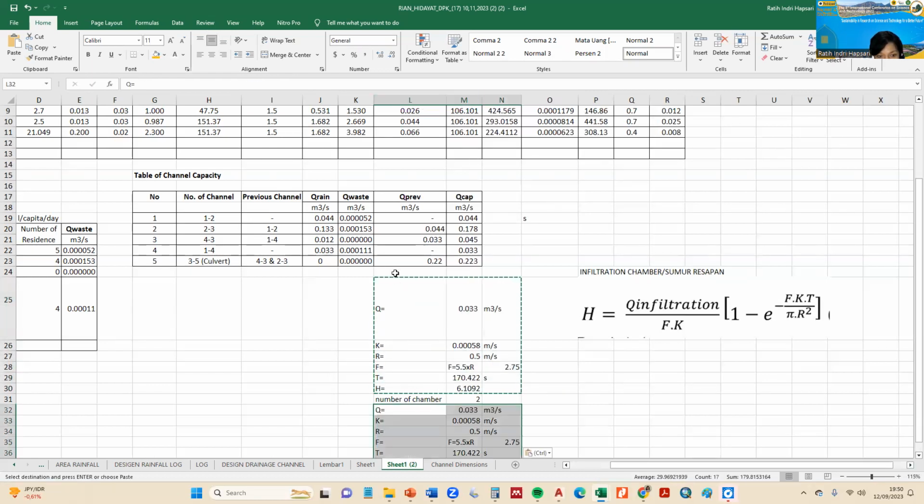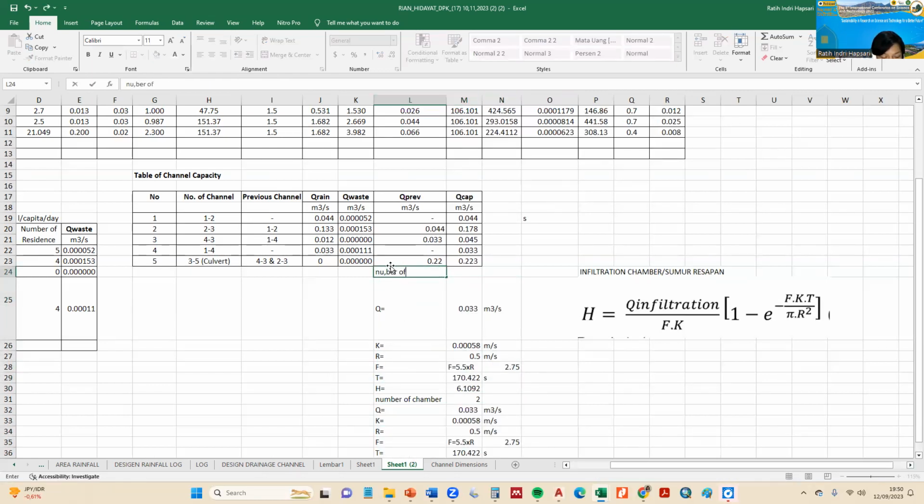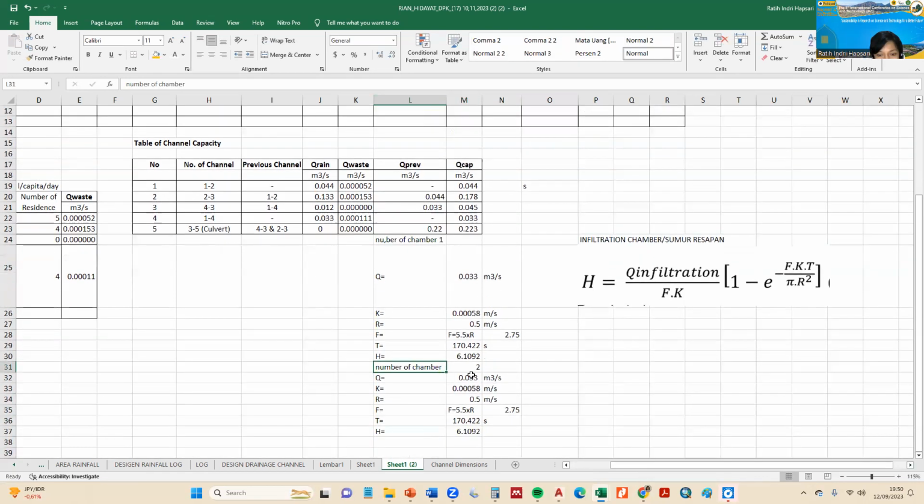I will copy here. This is the number of chambers is 1. If the number of chambers is 2, we just divide this into 2, yeah. Yes, our infiltration chamber depth is 3.05.